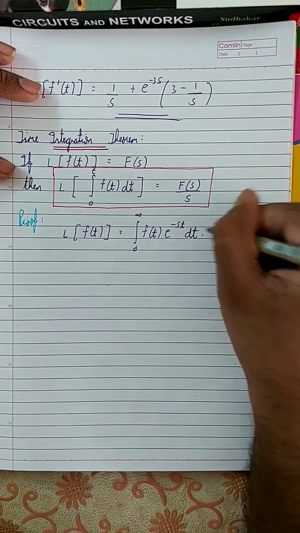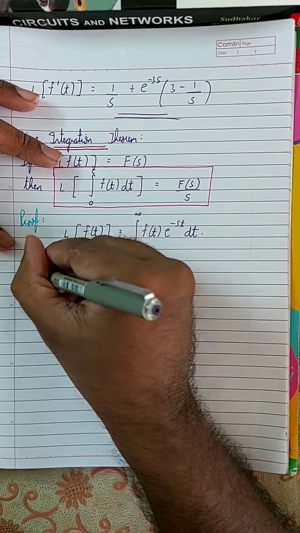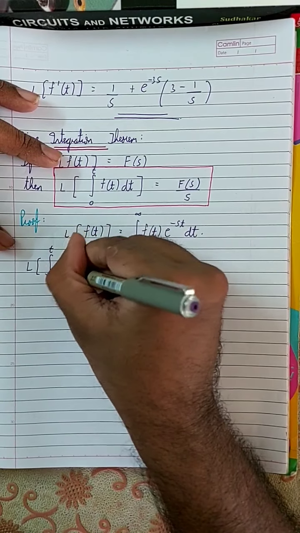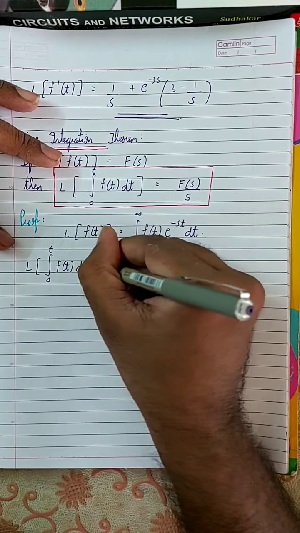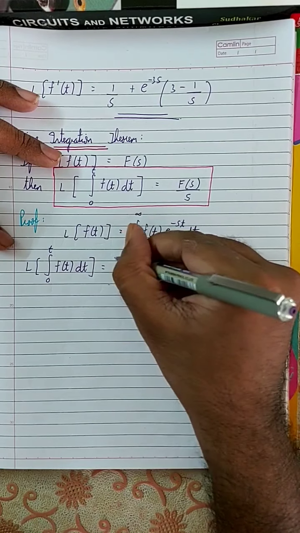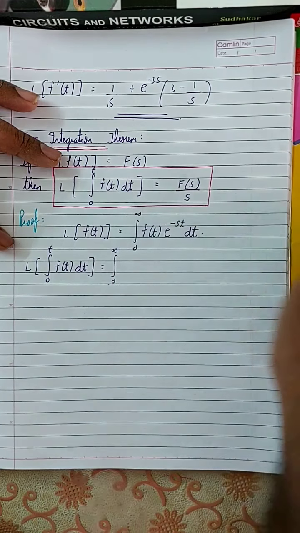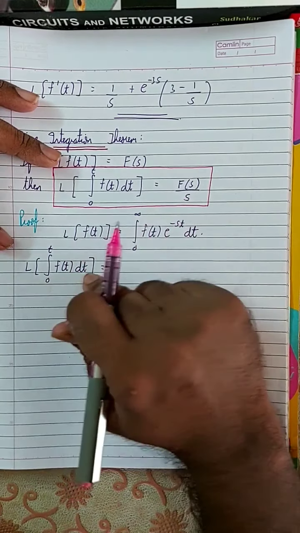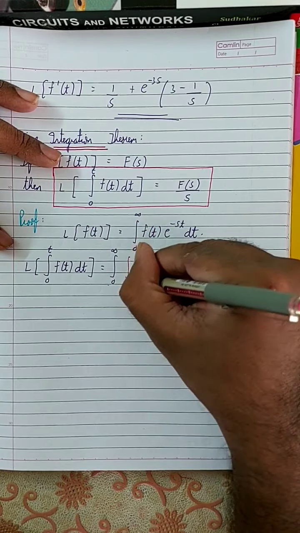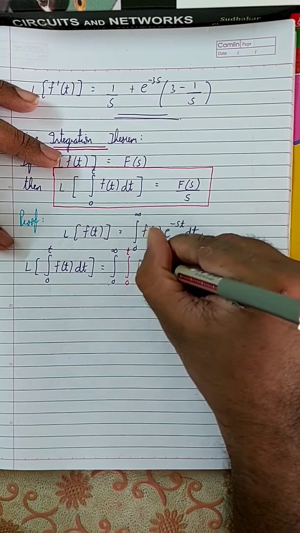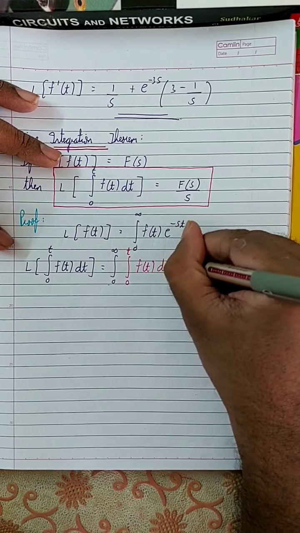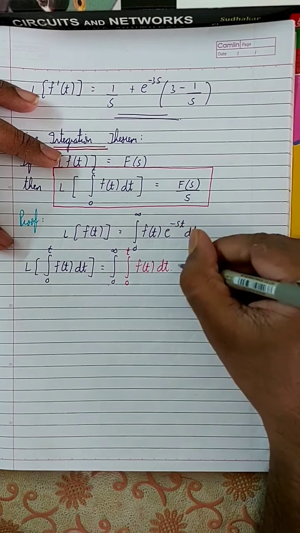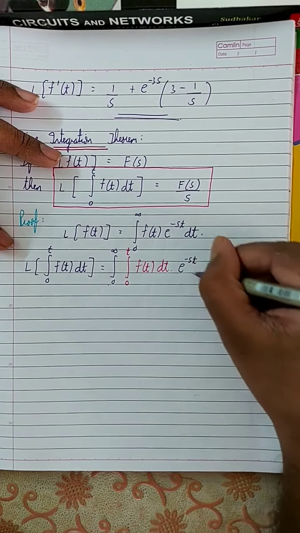In that case, the Laplace transform of the integral 0 to t of f of t dt is actually equal to the integral 0 to infinity, and I'll use another pen so you won't get confused, replace f of t with this, that is the integral 0 to t of f of t dt, into e raised to minus st dt.